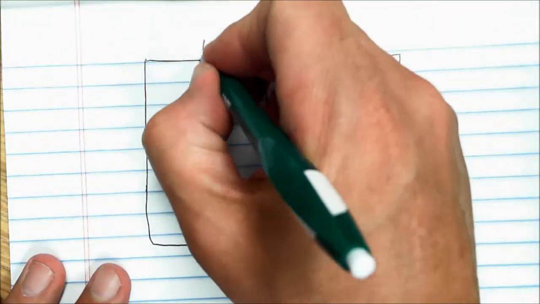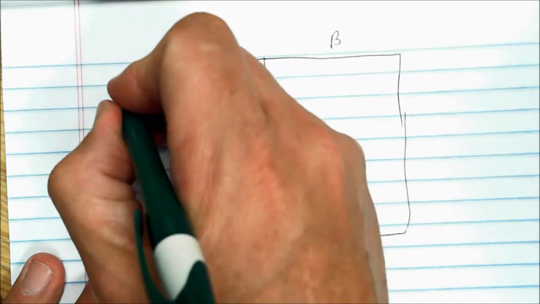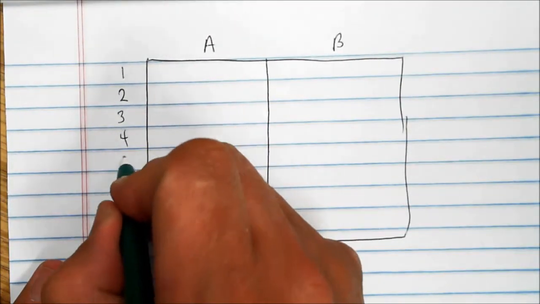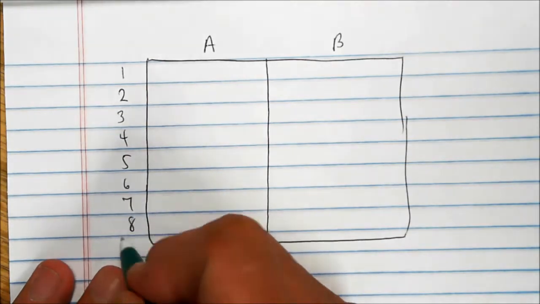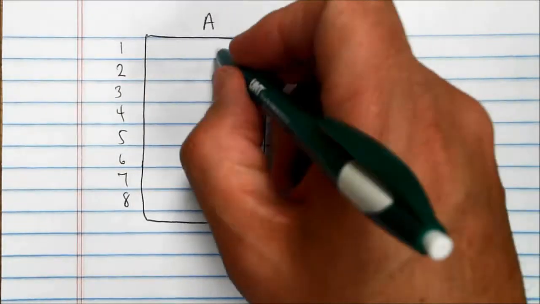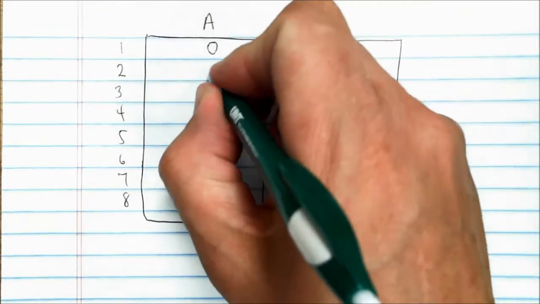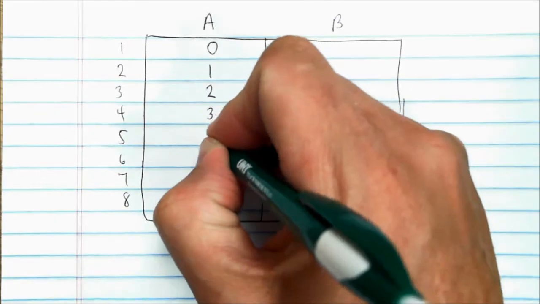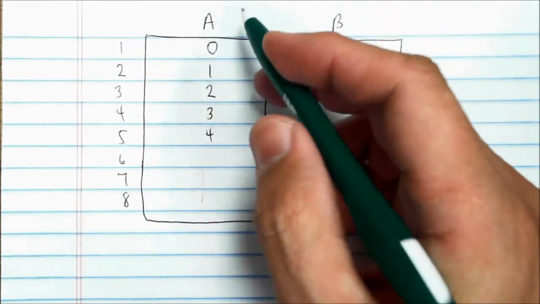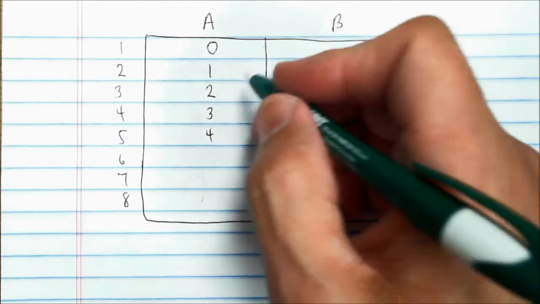So we have the first column A, second column B, then we have row 1, row 2, row 3, row 4, row 5, row 6, row 7, row 8, and so on. Okay, so to implement this, in our first column here, we'll have the 0, 1, 2, 3, 4, and that's going to be the numbers in the left column corresponding to the values of n.